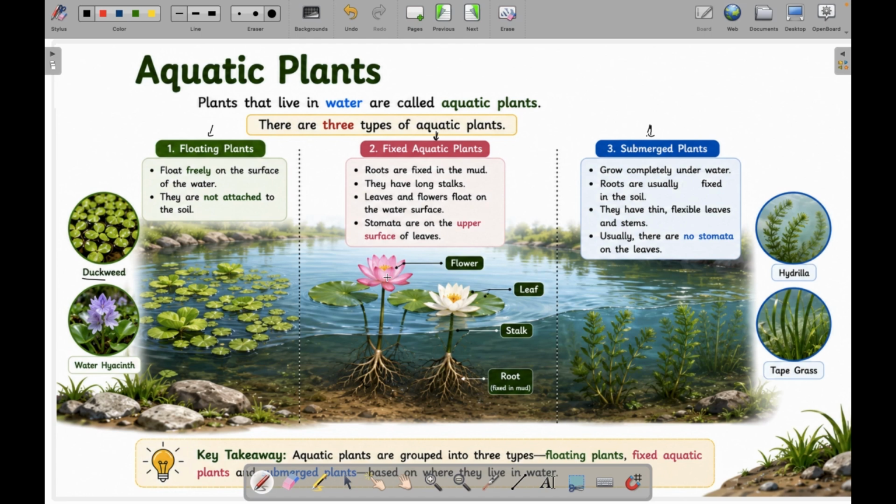Here, the flower and the leaves float on the surface of water, however, the roots are attached to the soil. At the same time, they have very long stalks or very long stem. They have a very long stem to sustain the water currents, right? If their stem is very short and there is a very strong wave of water, then it will break. So this kind of long and flexible stem helps them to sustain the water current.